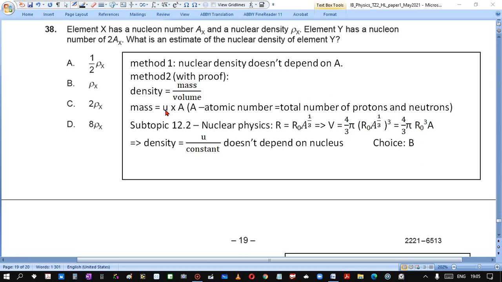Mass is the unified mass unit times nucleon number, because nucleon number is the number of protons and neutrons. The radius of the nucleus is given by subtopic 12.2. Volume is that of a sphere, so we find density, and we see that it is constant and doesn't depend on nucleon number. So choice B.